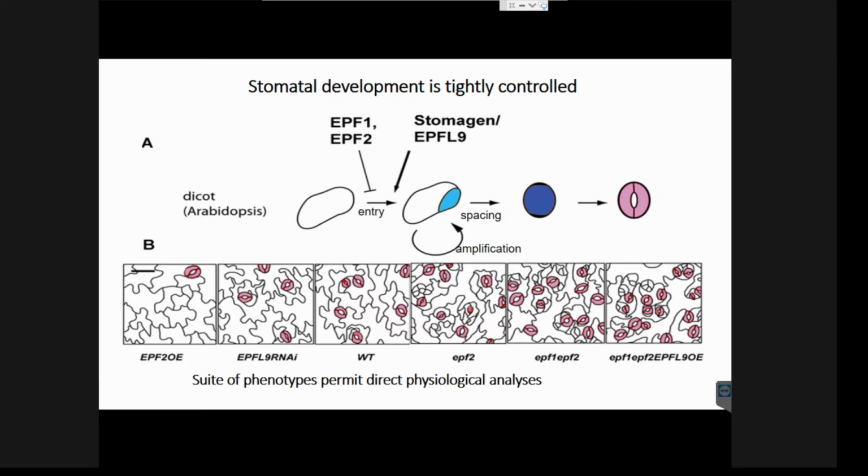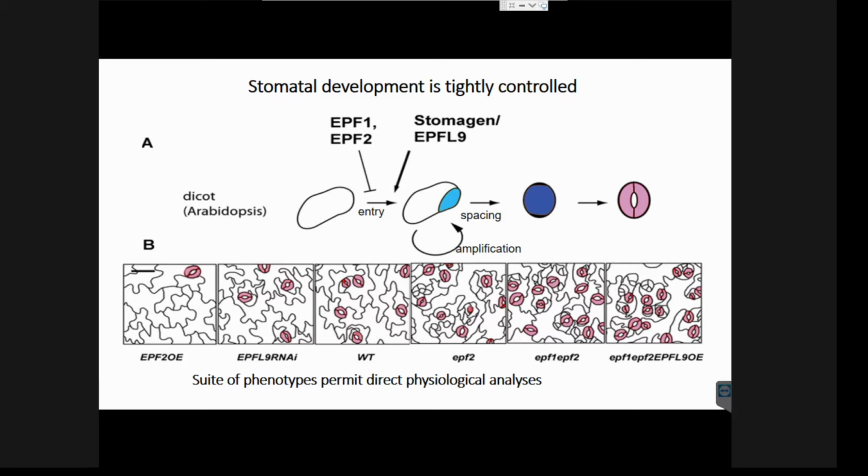Now, in Arabidopsis, the best known model for stomatal processes, in the immature leaf you have an entry division into the stomatal lineage, and then a final symmetrical division to produce the mature stomate. Governing this transition towards stomatal cell fate are the transcription factors SPEECHLESS, MUTE, and FAMA, which drive stomatal development.